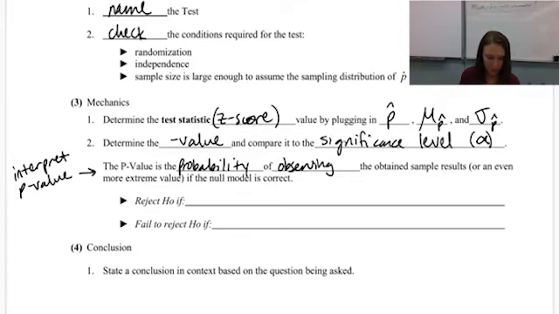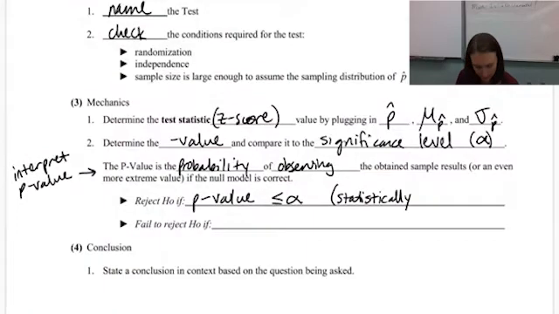Now, we are going to reject the null hypothesis if our p-value, which is our probability, is less than or equal to alpha. And this would mean that our sample result is statistically significant. We've learned that term before when we were doing experiments.